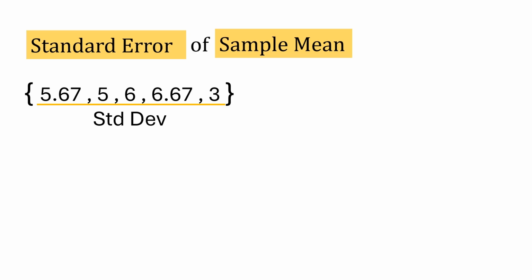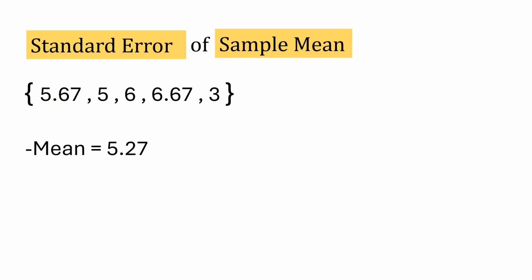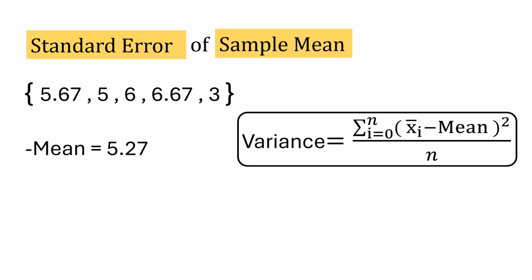So we'll find the standard deviation of this data set of sample mean values. Its mean will be 5.27. Next, we will find the variance using this formula, where xi represents each of the sample mean values and n is the number of values, which is 5 here.